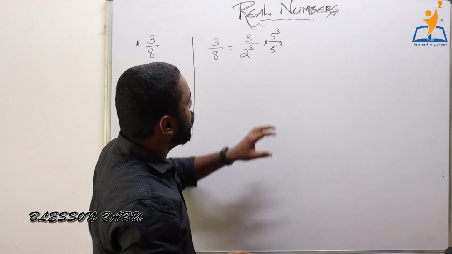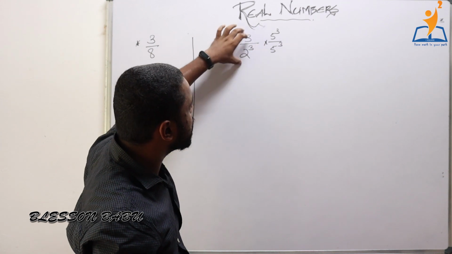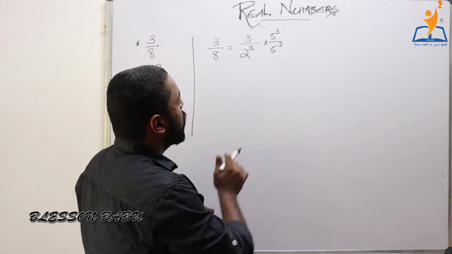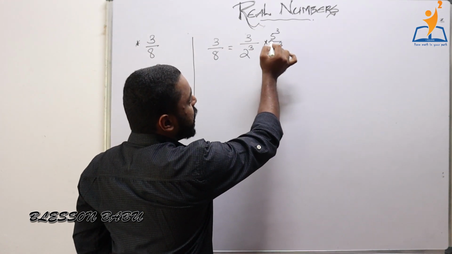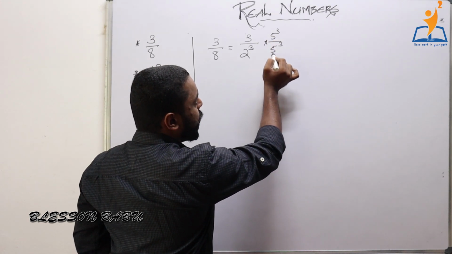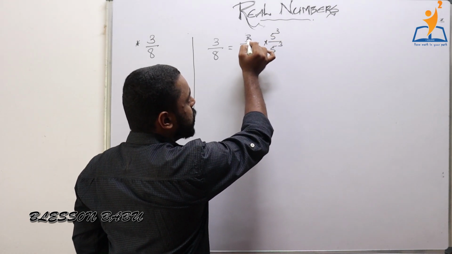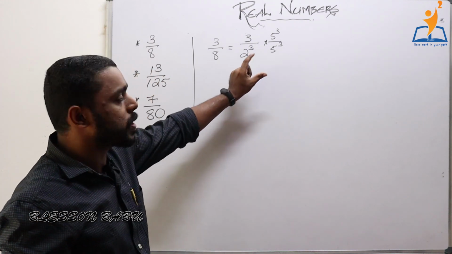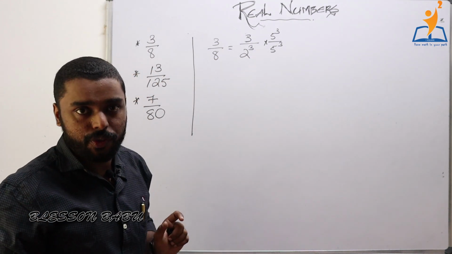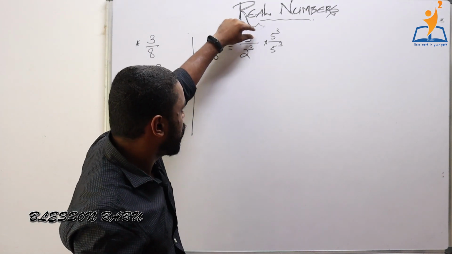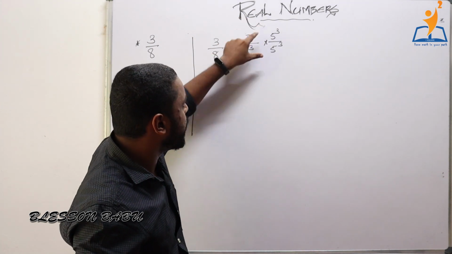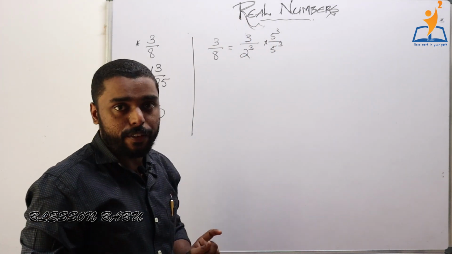When we divide and multiply a number by the same number, there will not be a change, since 5 cube and 5 cube cancel and the result will remain the same. So it will not cause a change in this transformation, right? So we have multiplied and divided this number by 5 cube.